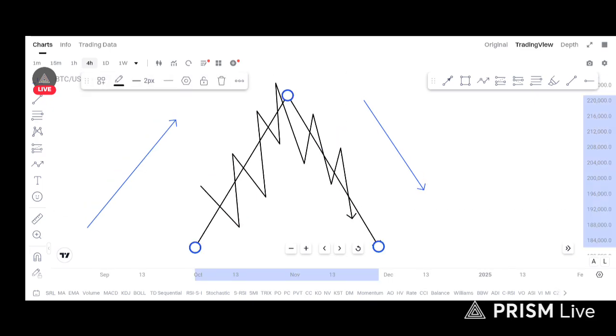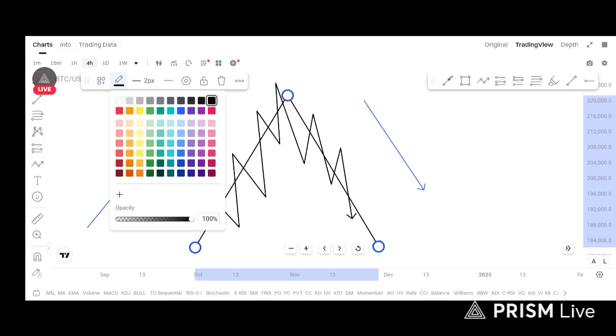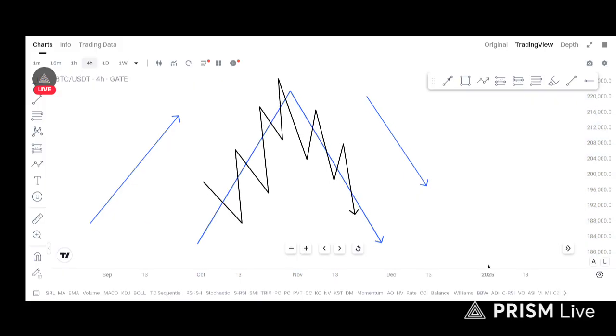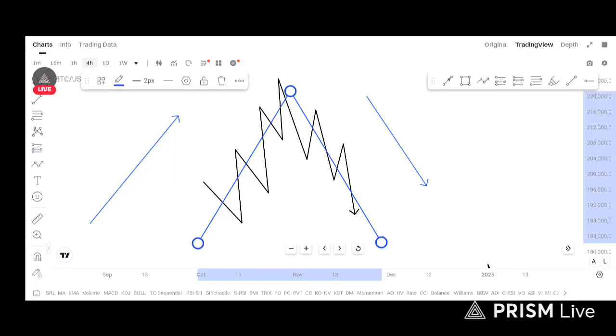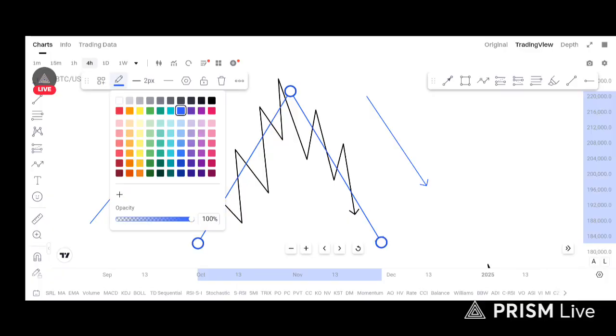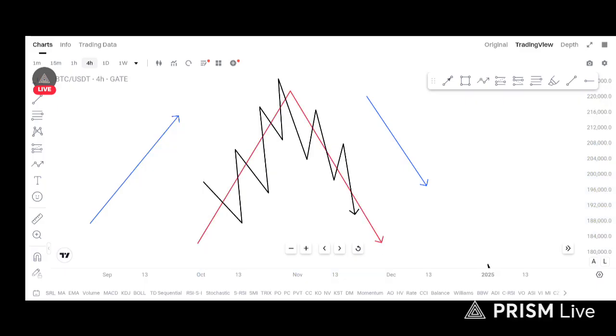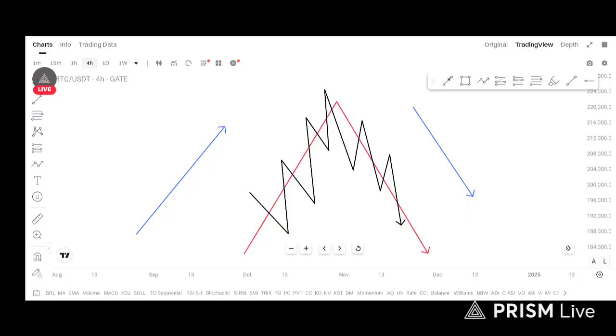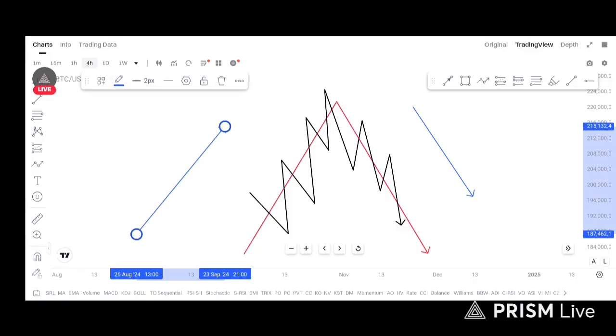So let's change the color of our high time frame, which is the 4-hour, to blue. Yeah, let's make it red so that it's very obvious. So now remember, this is our impulsive move, this is our pullback, this is our continuation, this is our correction.